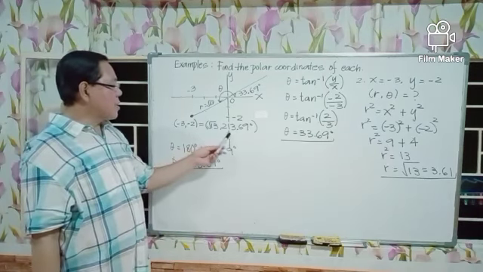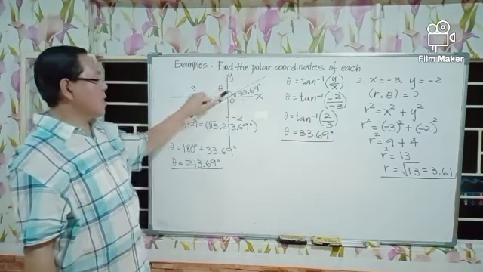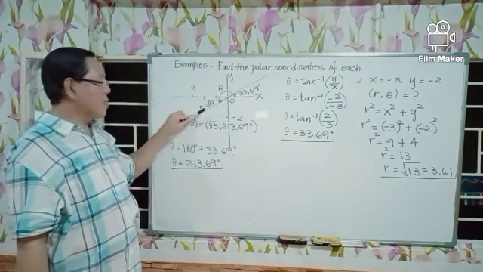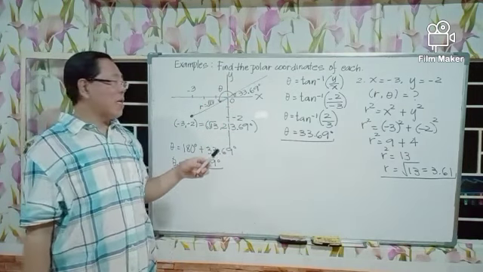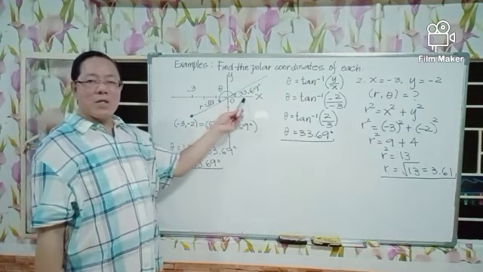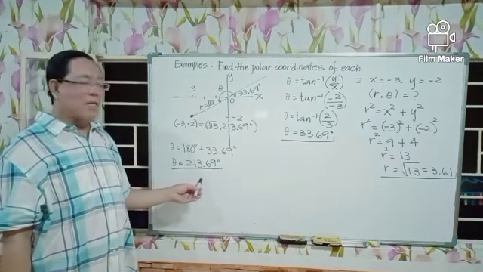And 213.69 is obtained by adding to 180 degrees, because this line makes a straight angle with measure of 180 degrees, and we add 33.69, we get 213.69 degrees.